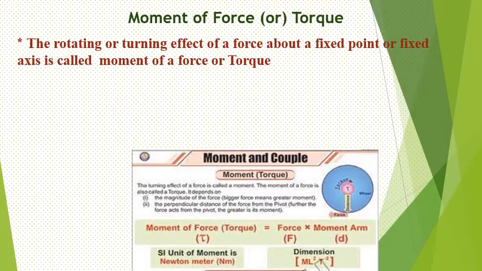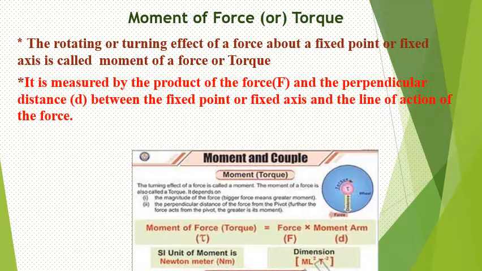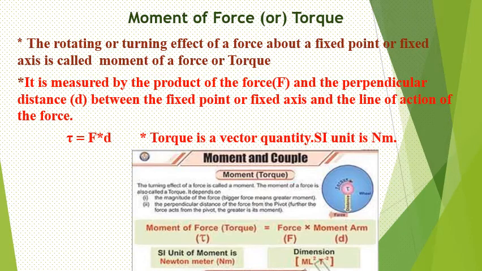The definition of moment of force is that it is measured by the product of force and the perpendicular distance between the fixed point or fixed axis and the line of action of the force. We call it the moment of force.